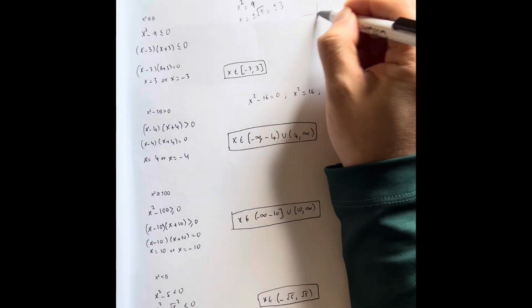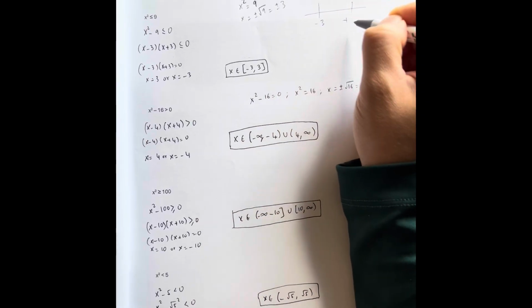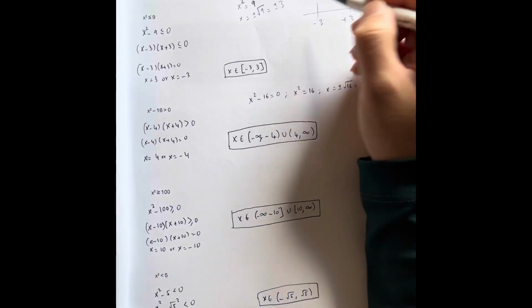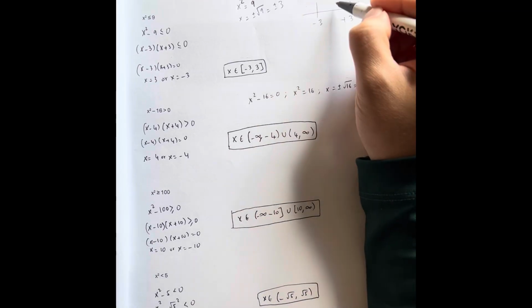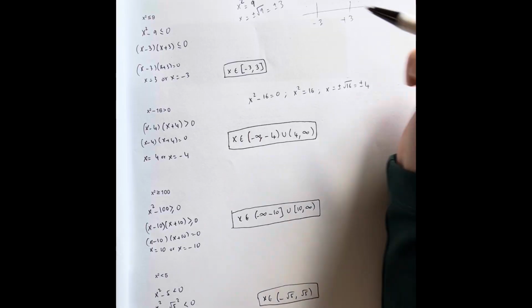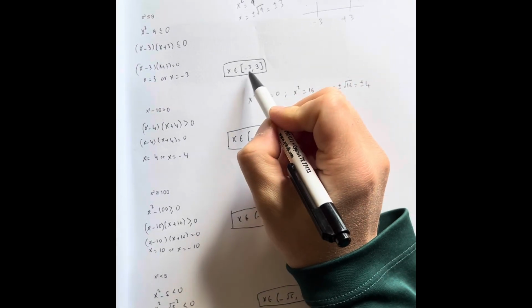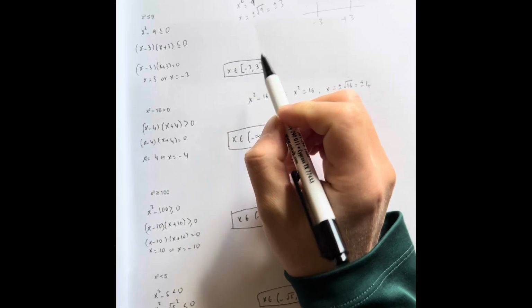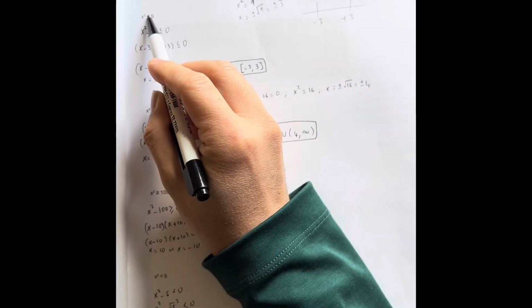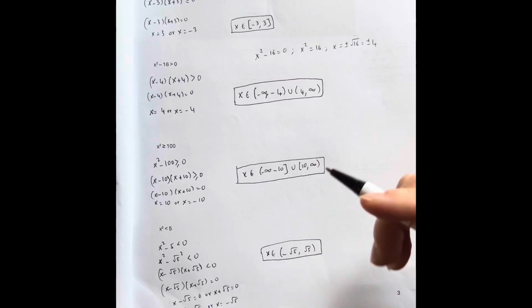Then we can use minus 3 and plus 3 to find an x value in each region and determine the sign for each one. Or we can do the sign table, and the result turns out to be negative 3 to 3 with brackets, because this case is also less than or equal to. So it works the same way. Go ahead and try these and then check the result.